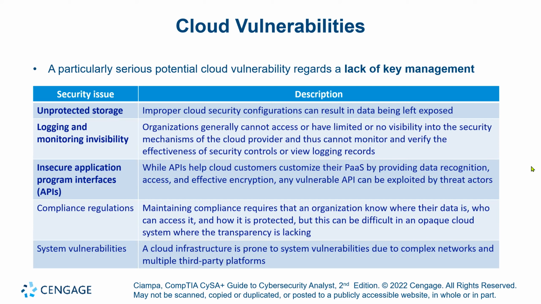Compliance regulations. Maintaining compliance requires that an organization know where their data is, who can access it, and how it is protected. But this can be difficult in an opaque cloud system where transparency is lacking. And also, if you think about it for a second, the huge data structures that you have for Amazon and Google and how they're all across the country. Well, it's not just the country anymore.